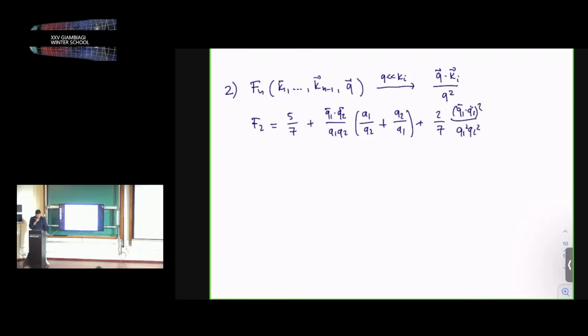Okay. So we said that this was growth, these were tides. These are simple gravitational nonlinearities that we understand very well. But now, if I make, for example, q1 much smaller than q2, I can see that this term is going to behave like q1 dot q2 over q2 squared.